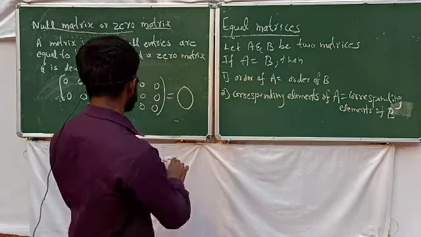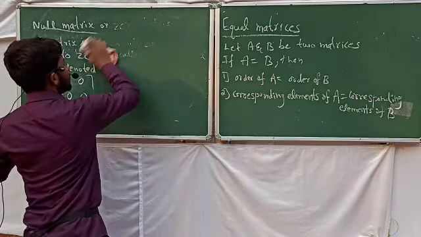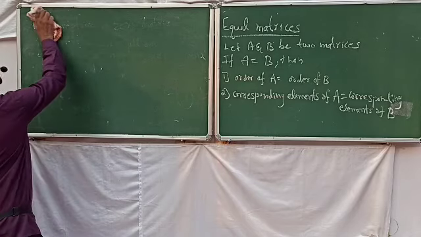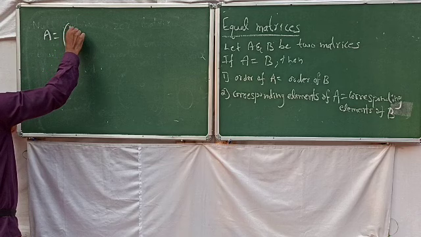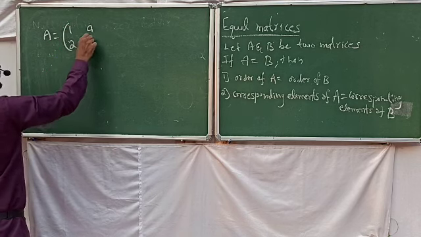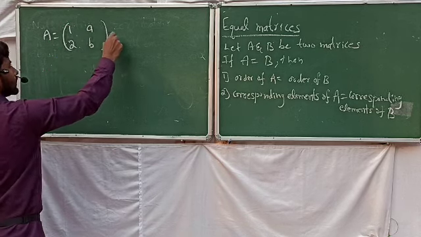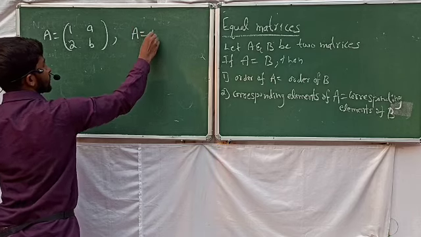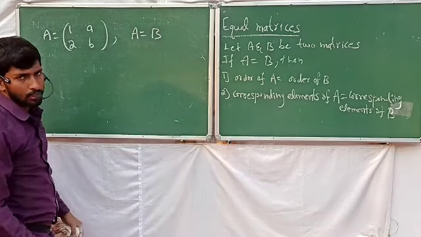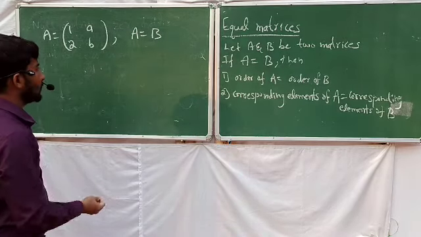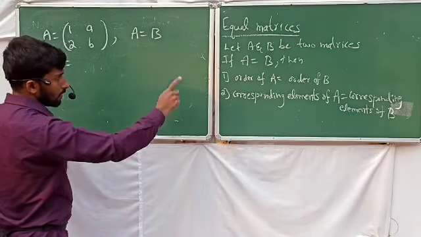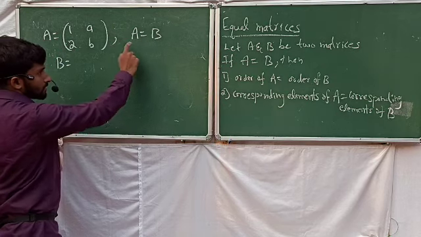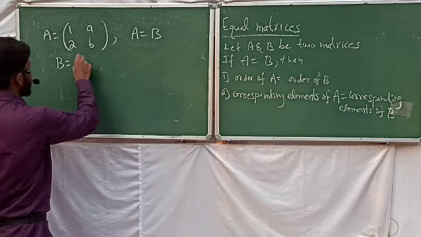For example, I'm writing matrix A equal to 1 a, 2 b. It's matrix A, and I'm giving the condition that matrix A is equal to matrix B. Then what is matrix B? If you use the definition, two matrices being equal means their order must be equal.